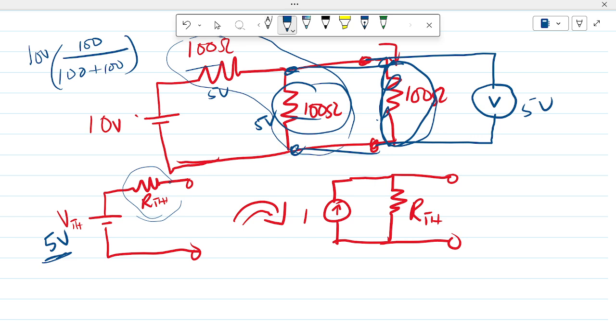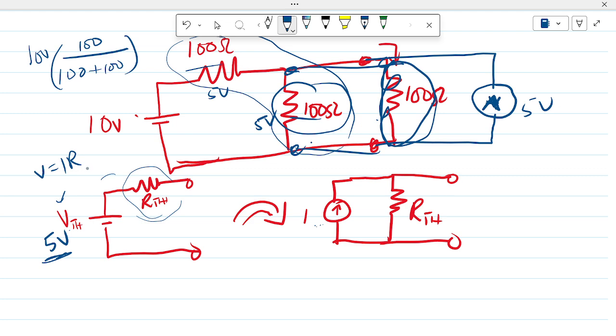And our RTH, now this is a tricky part. Now in most textbooks, you would find the RTH manually, but we just decided to put our ammeter here and rather find the current. So that current we find through this ammeter automatically becomes Norton's current. But you can also use that current to find Thevenin's resistance using Ohm's law, V is equal to IR.